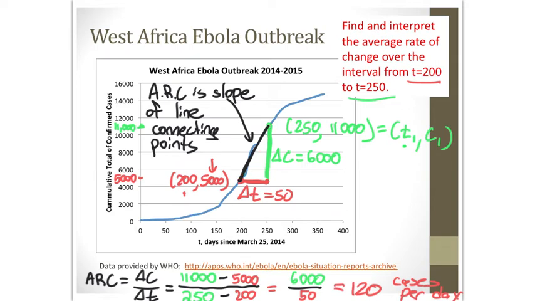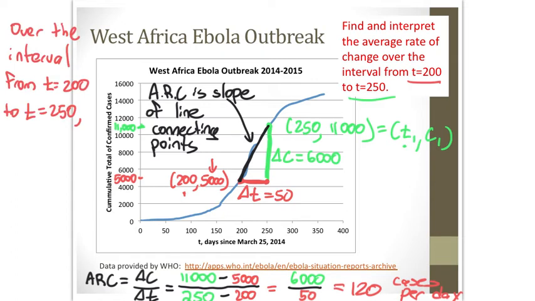And so the last thing I want to discuss is how we could interpret the meaning of this value. And so we're going to interpret this similar to how we interpreted slopes. This is a certain type of slope. But when we were dealing with linear models, the rate of change, the slope, was the same over every interval. So we didn't have to specify over what interval of inputs we are looking at.